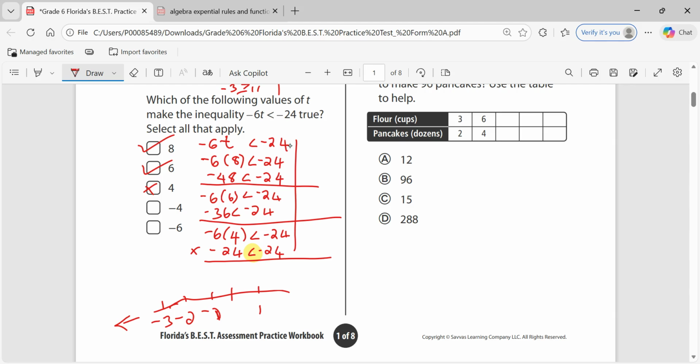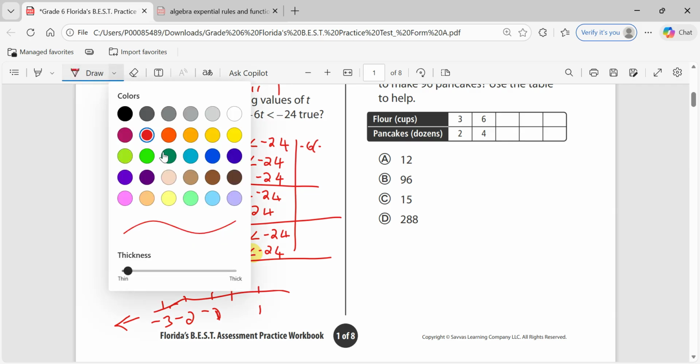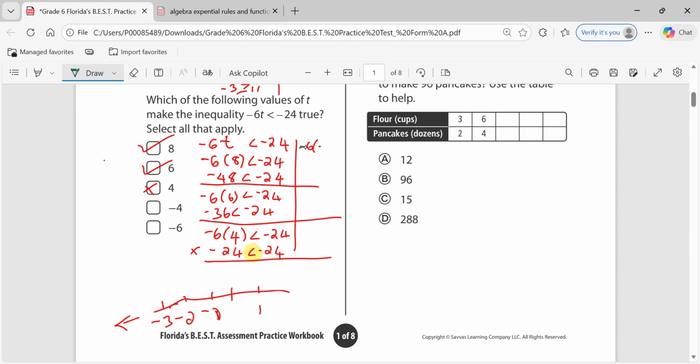-6 times, let me put it in a different color for you. -6 times -4, is that less than -24? No, that's +24, and +24 is not less than that.